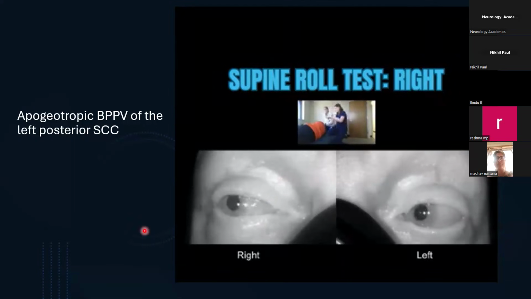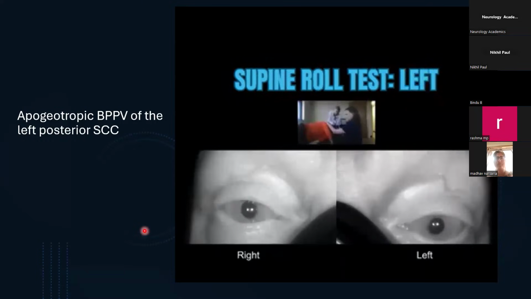So moving to the right side, the direction is towards the left side, and on rolling to the left side, the direction is towards the right side. So we see that the more severe nystagmus was when the patient was rolled to the right side. So in an apogeotropic, it means there is left horizontal canal cupulolithiasis. I hope that is clear.